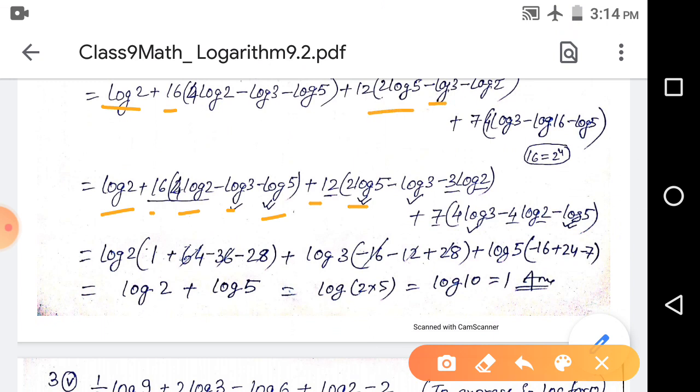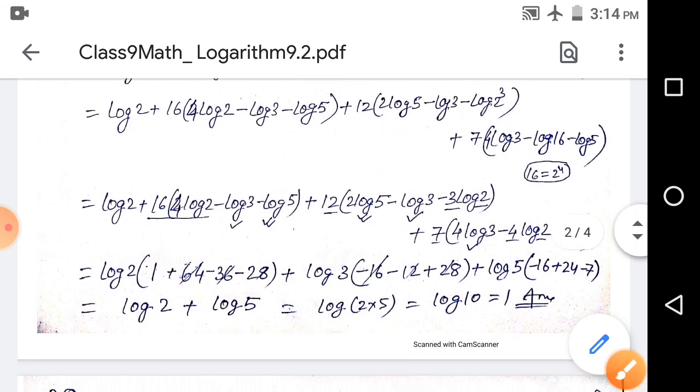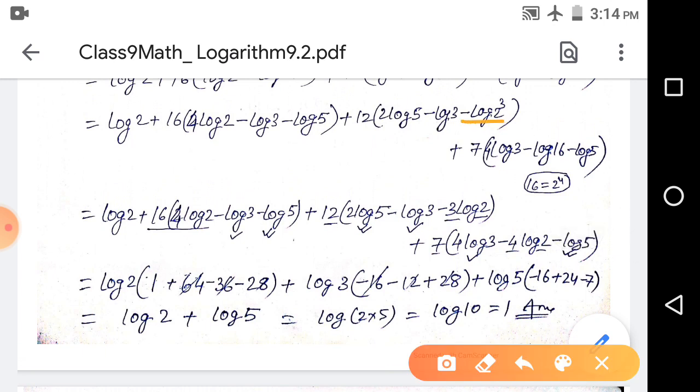This one is log 3, this one is log 3, and this one is log 2 cube, so we can write 3 into log 2. Now here we have 4 log 3, so 4 log 3 as it is. Log 16 can be written as 2 to the power 4, so the power can be taken here. Okay, 4 log 2, and this one is log 5.